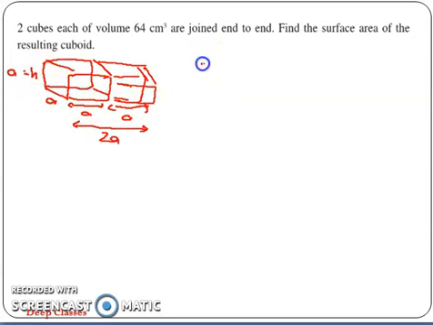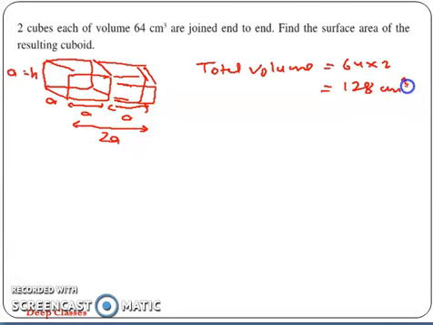Two cubes, so the volume of each cube is 64. Total volume will be 64 into 2, which is 128 centimeter cube. Now this volume is equal to the volume of the cuboid.